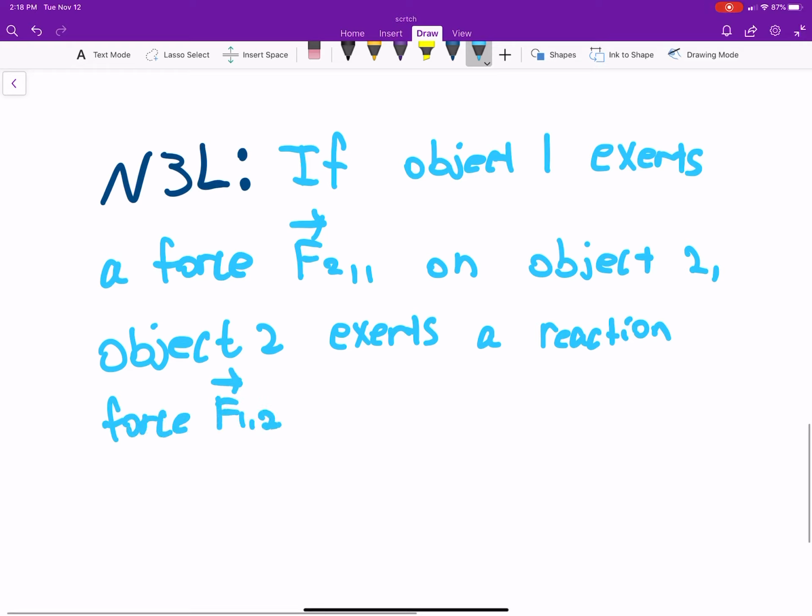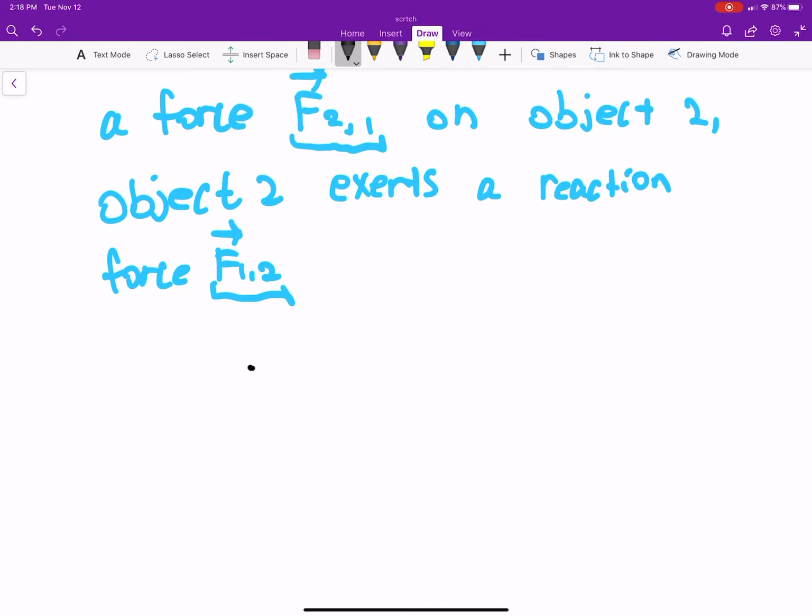They're third law partners. Okay? This and this, because the numbers are flipped, we can call those third law partners. Okay? And just as we said before, the force of 1 onto 2 is equal to negative F2 onto 1.